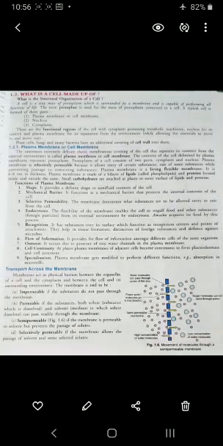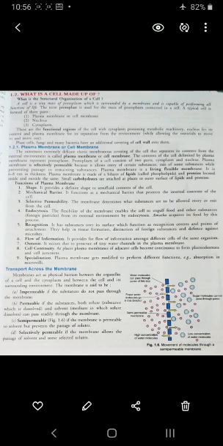Next, what is a cell made up of? A cell is a tiny mass of protoplasm which is surrounded by a membrane and is capable of performing the functions of life. The term protoplast is used for the mass of protoplasm present inside the cell.